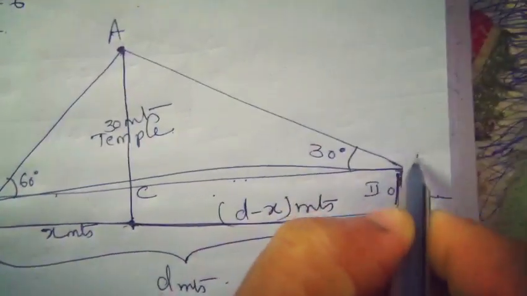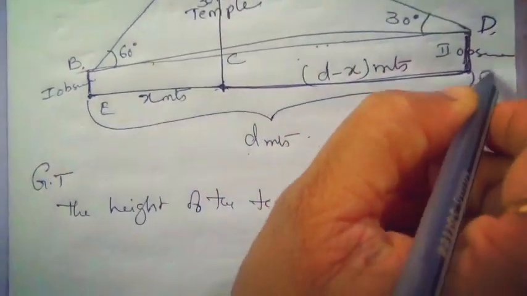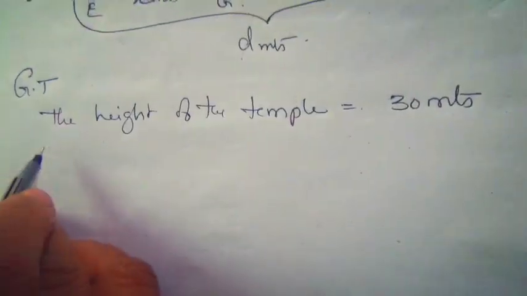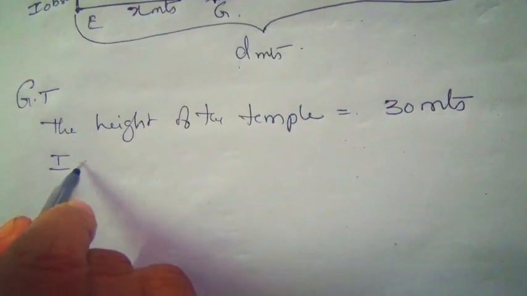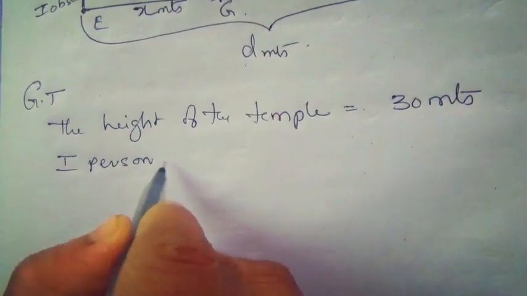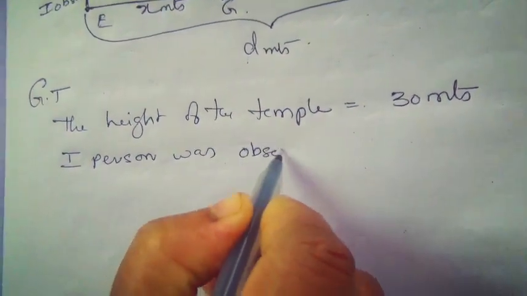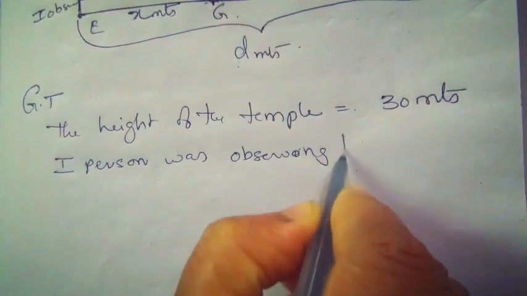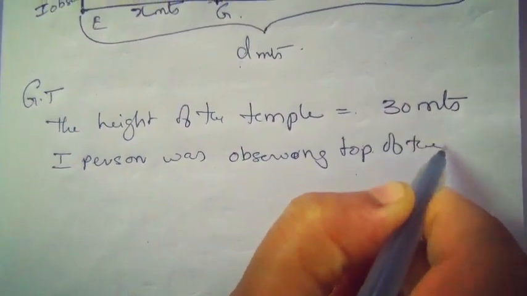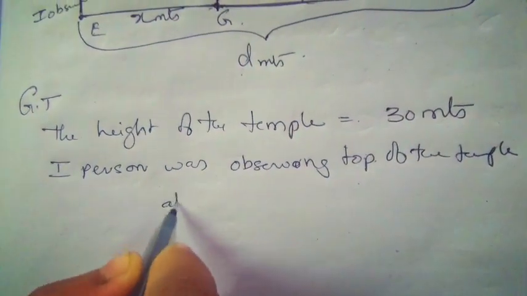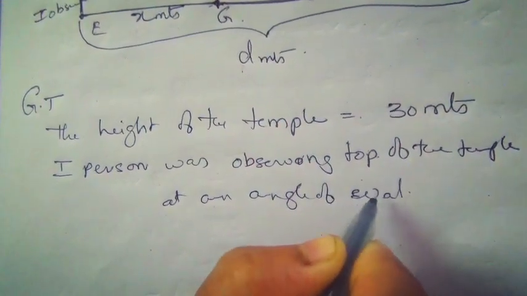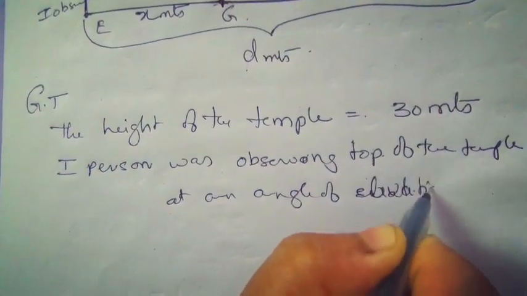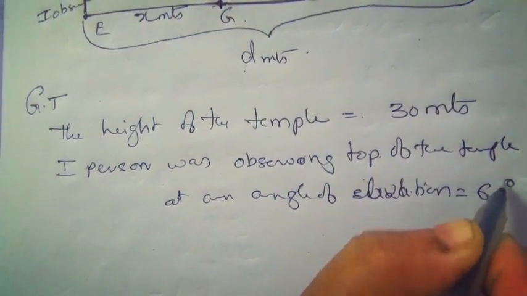Let us take the points A, B, C, D, E, F, G. And the first person was observing the top of the temple at an angle of elevation equal to 60 degrees.